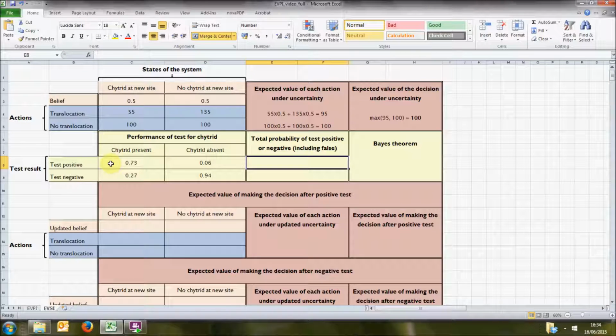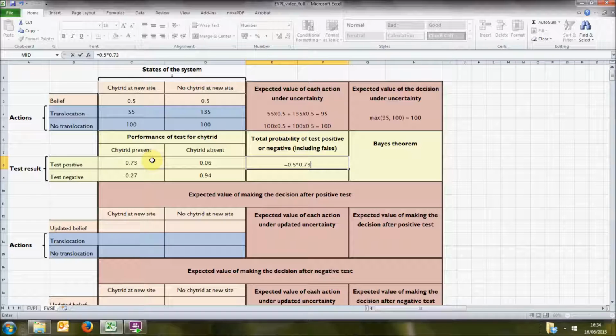Now, if we perform the test, it could return either positive or negative. And we could have a positive return in two cases. If chytrid were present, with probability equal to the prior belief in its presence, and the test picked it up correctly, with probability equal to its sensitivity.